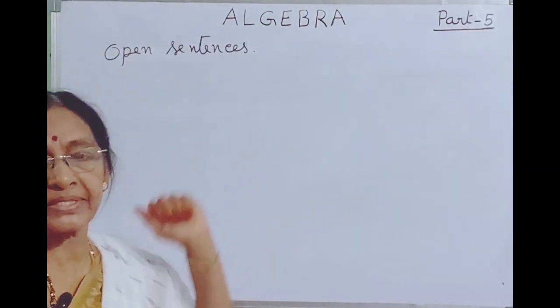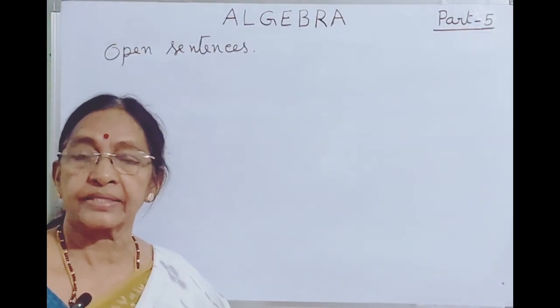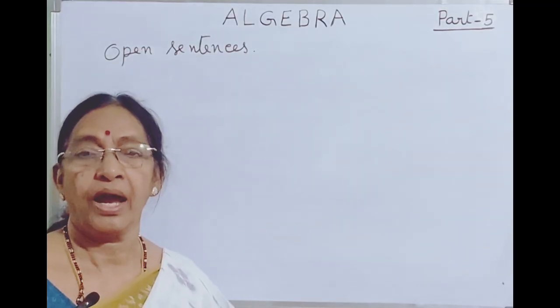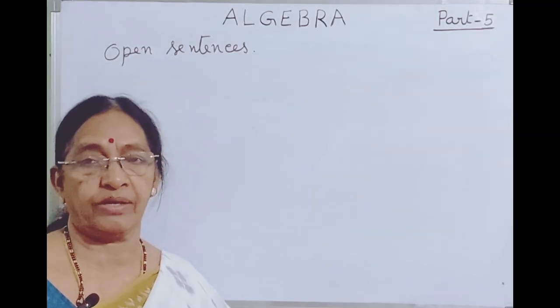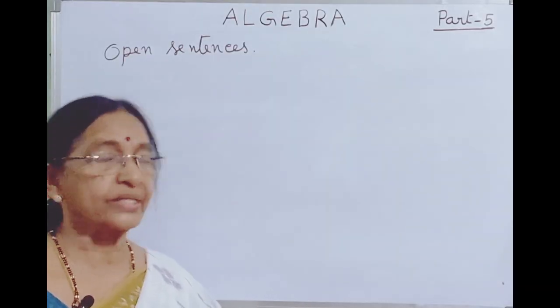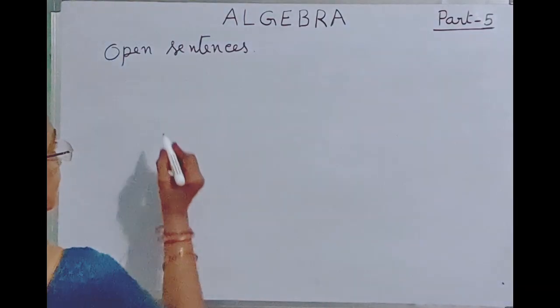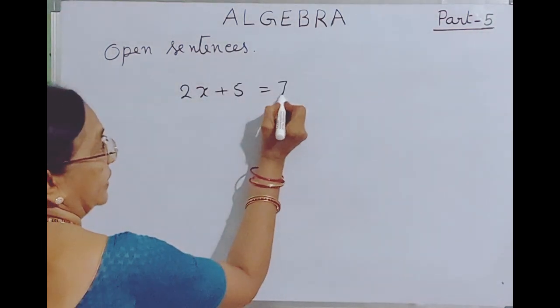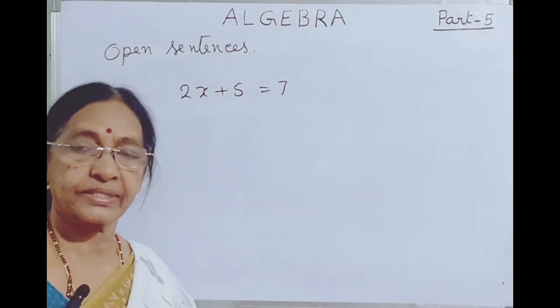Next, open sentences. The sentences which are true for some values of the variable and false for some other values of the variable, that sentence is called an open sentence. For example, 2x plus 5 is equal to 7. This is an open sentence.